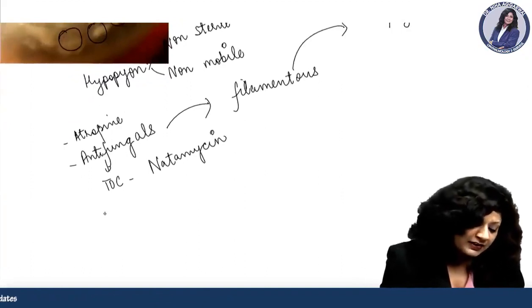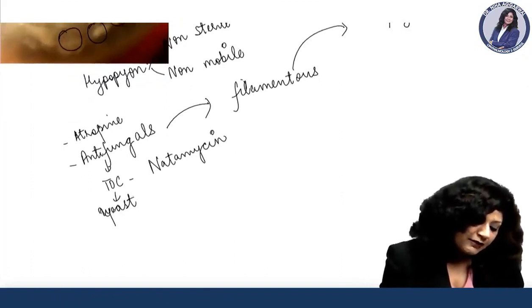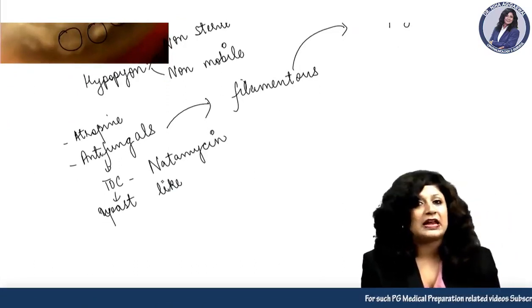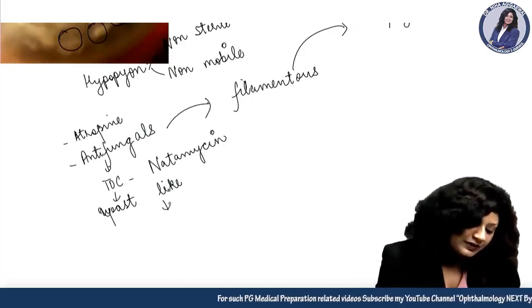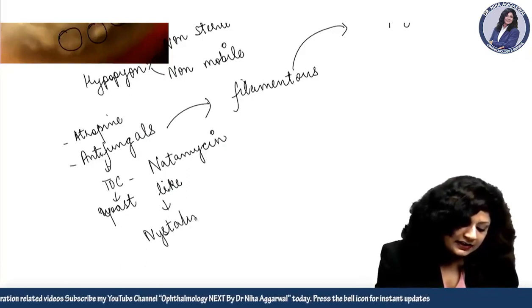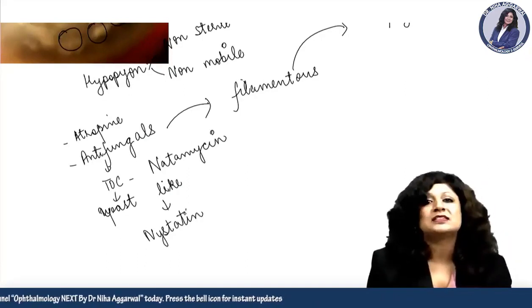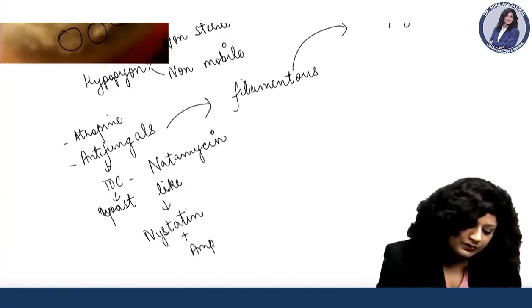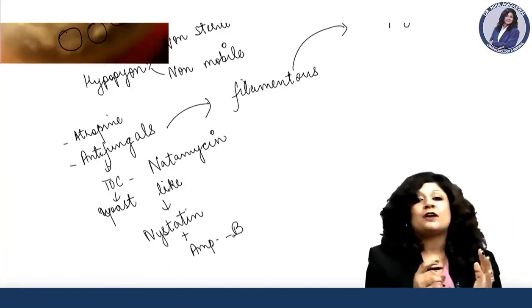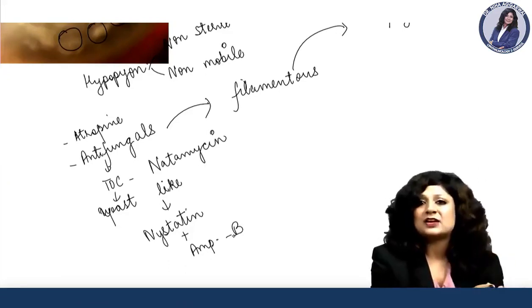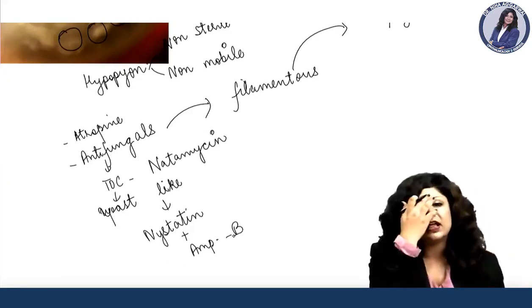But in cases of the yeast-like fungus, we can have Candida, we can have Cryptococcus. There we have the treatment of choice, that is nystatin, along with amphotericin B. So a very clear cut contrast is there between the bacterial corneal ulcer and the fungal corneal ulcer.